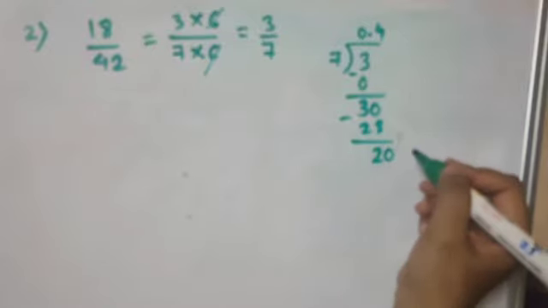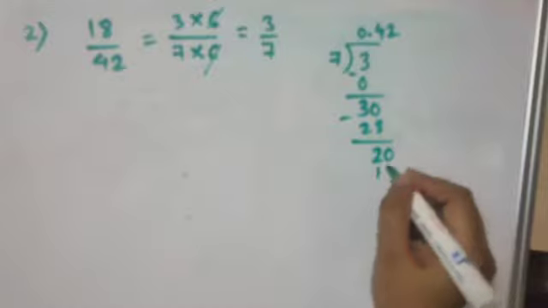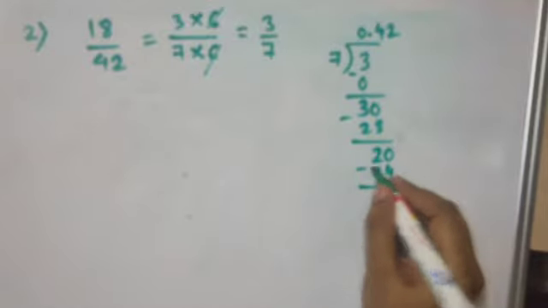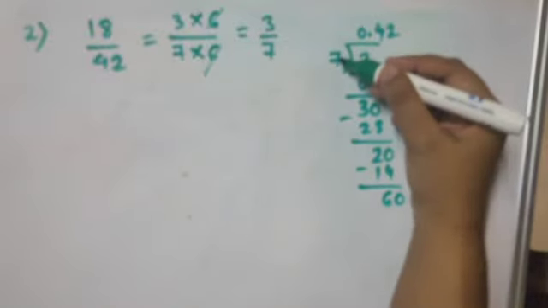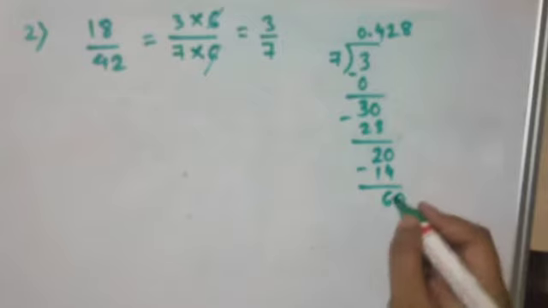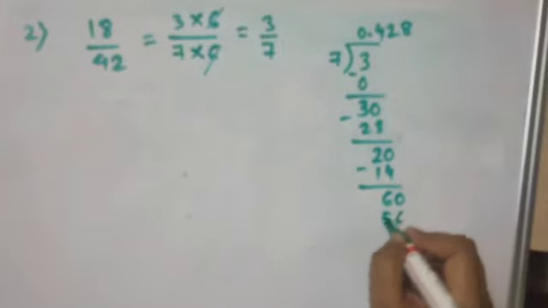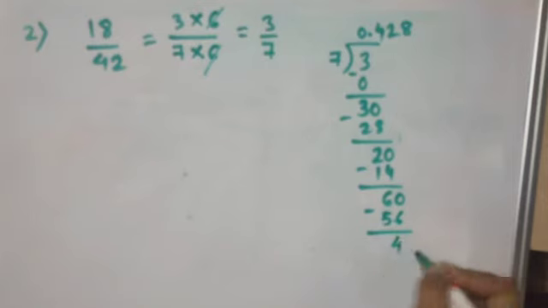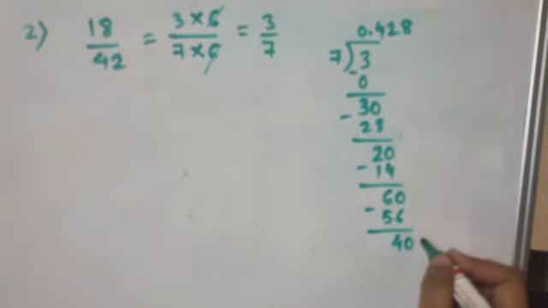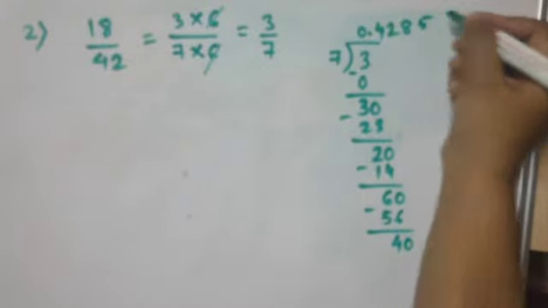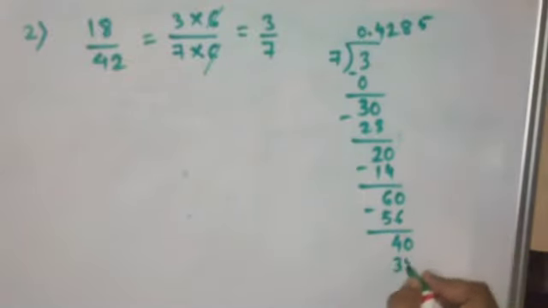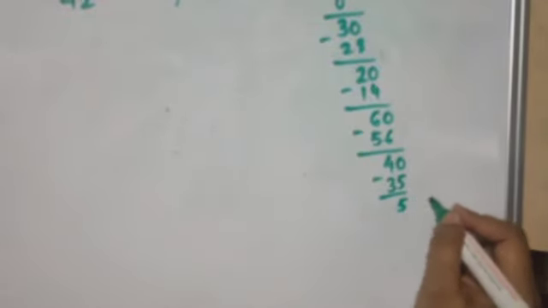Again we are taking 0 here. 7 2s are 14. 20 minus 14, 6. 0, 60. 7 8s are 56. 60 minus 56, 4. 0, 40. 7 5s are 35. 40 minus 35, that is 5.